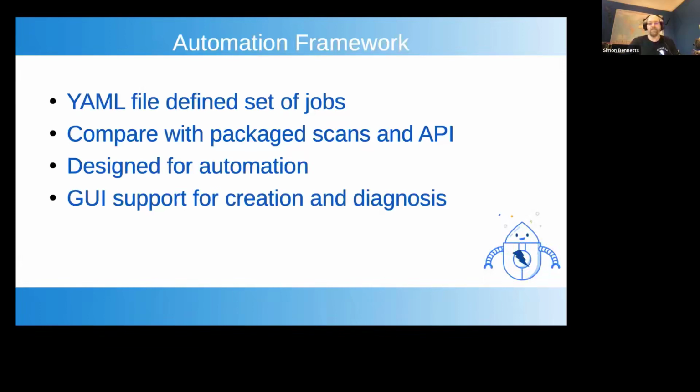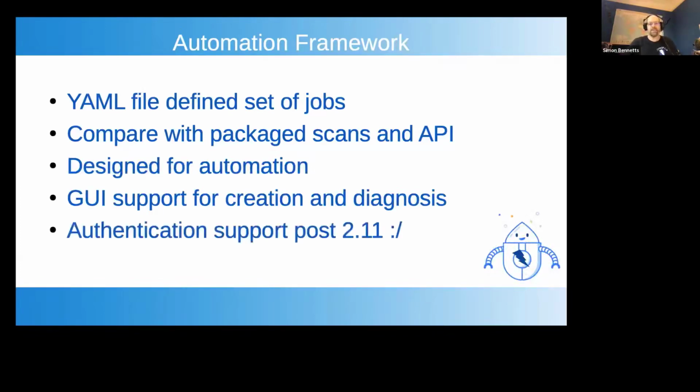And I think this is really important because it makes things a lot easier. If you're trying to test things in an automated way, it's very difficult to see what's going on and to diagnose problems. But because we've got the GUI support, you can try things out, see how they work, and make sure everything's working well before you export the YAML file and then run that in automation from the command line.